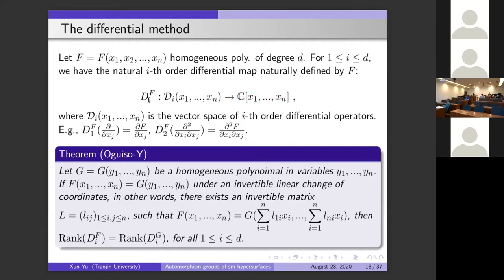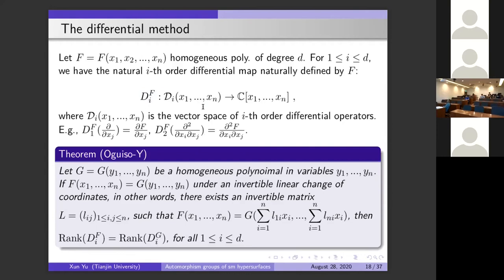The subscript i denotes the s-th partial derivative, and the order means 1 is a single partial derivative, 2 is a double partial derivative. You apply it to a specific given polynomial F like this. So of course this is a linear map.